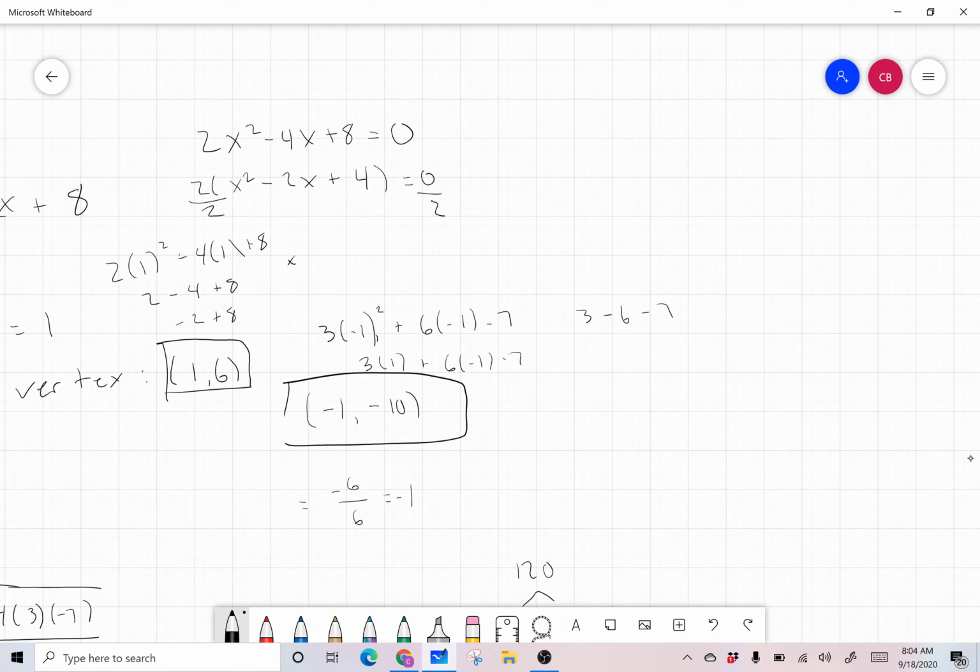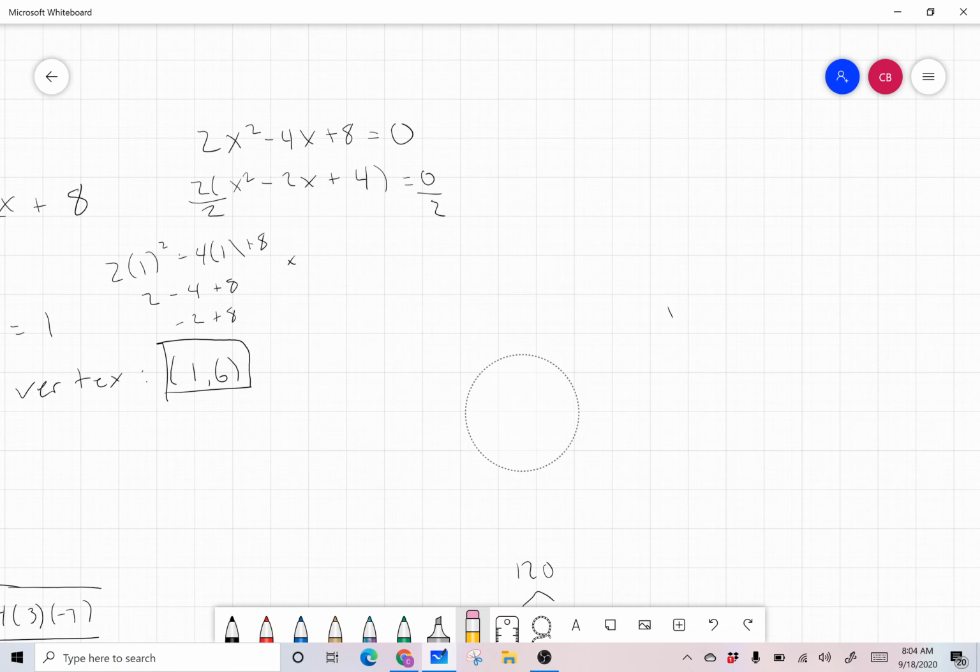I need to erase some of this because I don't want it to overlap. Okay. So now we have x squared minus 2x plus 4 is equal to 0. I don't think that has factors, but I guess we can try it.